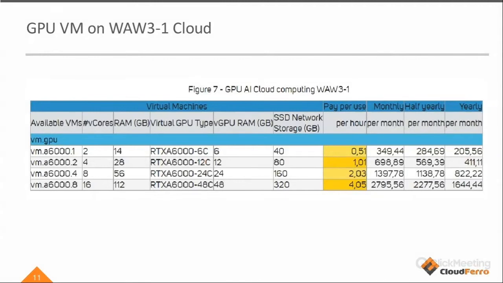And again, if you want bigger flavors, because there are bigger flavors, but they are private, just reach out to the sales department or to the support department, and they will give you access to those flavors, and they will help you to get more computing power. The biggest ones currently available for all users have 4 A6000 cards, and we are experimenting with A100 cards, so quite powerful ones.